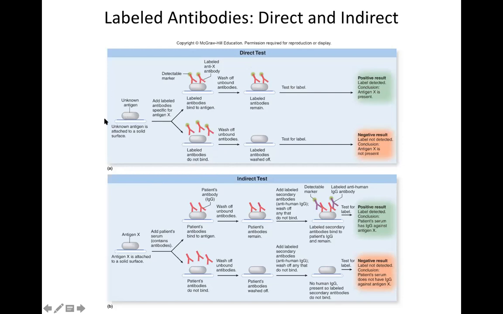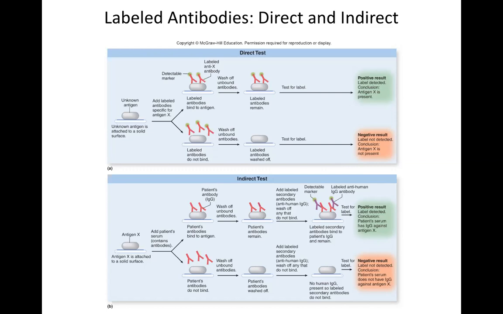So here, in this case, you have an unknown antigen with a known antibody, okay? Your unknown antigen is attached to some type of surface. Again, this can be a variety of things. I'm not necessarily interested in you feeling like you have to know exactly what they're attached to. I just want you to understand the basic premise of what's going on.